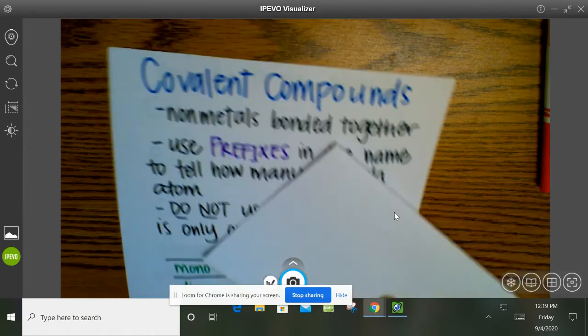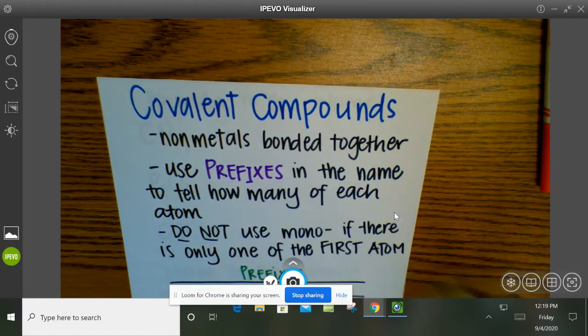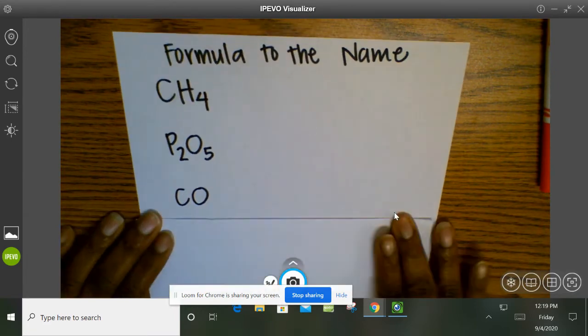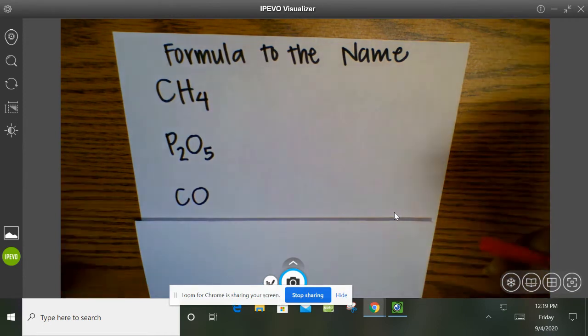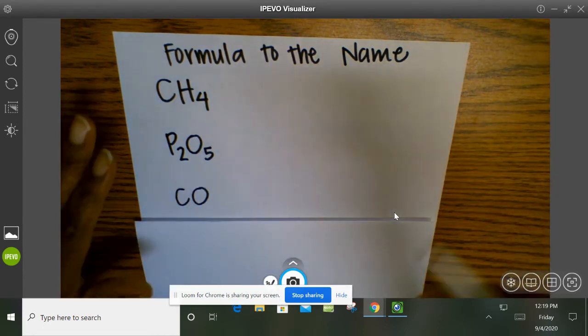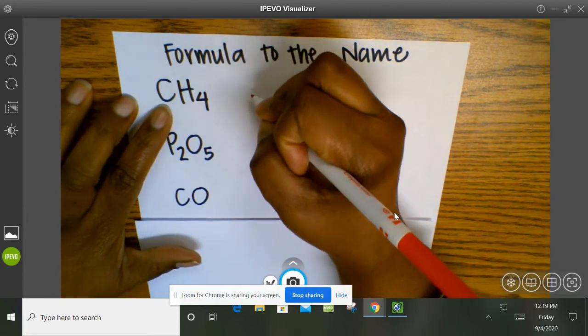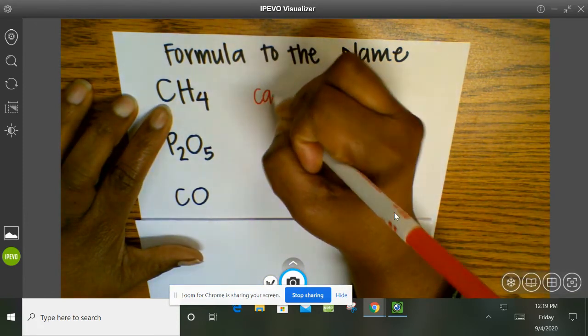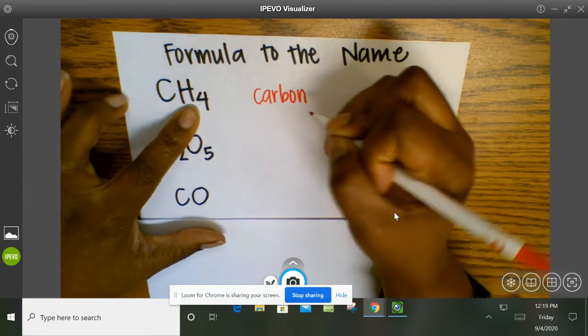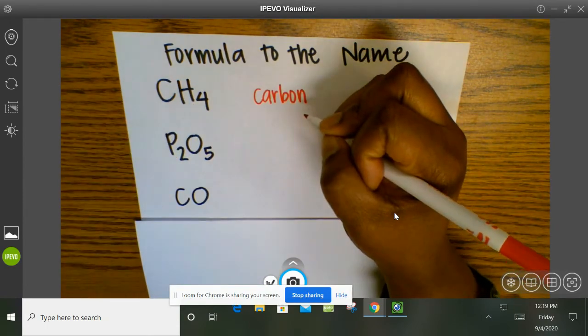All right, the first set of examples, we have the formulas and we have to write the names. So if I go back and I'm looking at this, the first element is going to keep its name. So C is carbon. The second element is written like a regular anion.